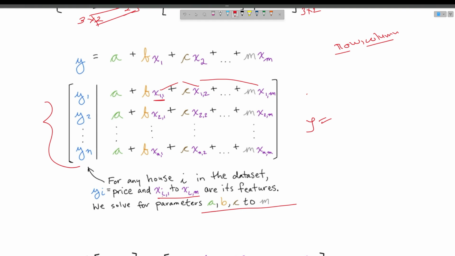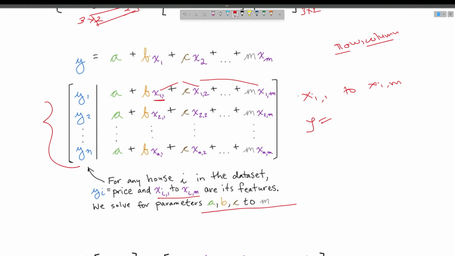Here I've just mentioned x i,1 to x i,m. What does it mean? It means I can have lots of values. So when i is 1, it is y1, and x 1,1. So that's basically meaning a particular equation.